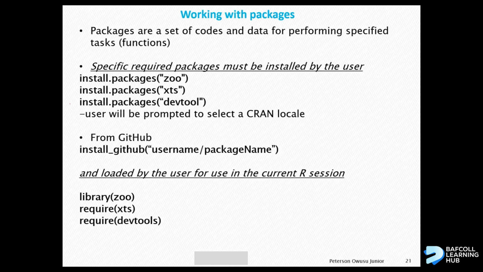So you need the username of the owner of that account, and you put the name of the package there. That will install the package for you. But that also requires another package before it can be done: the devtools package should be able to do that for you.